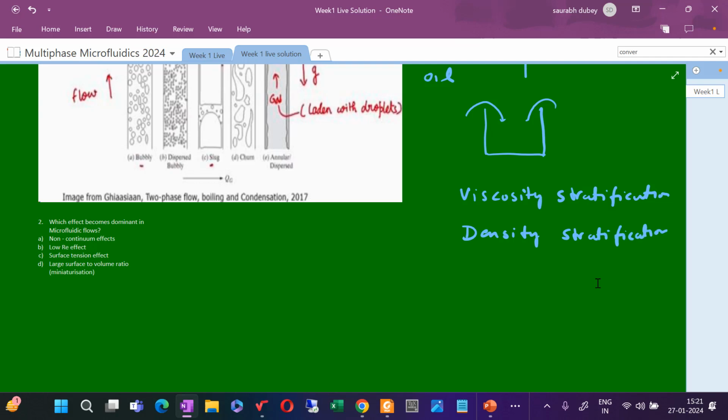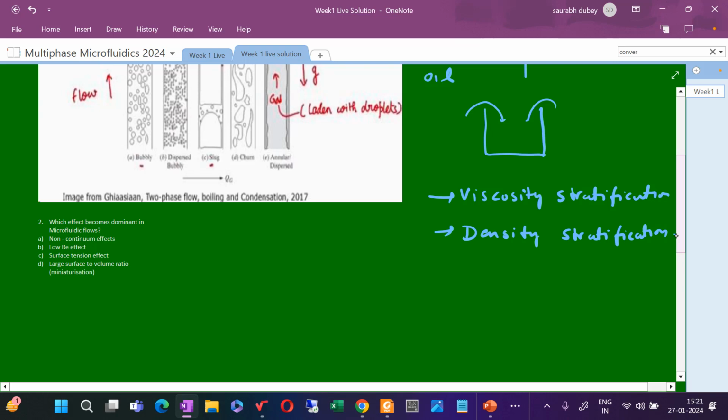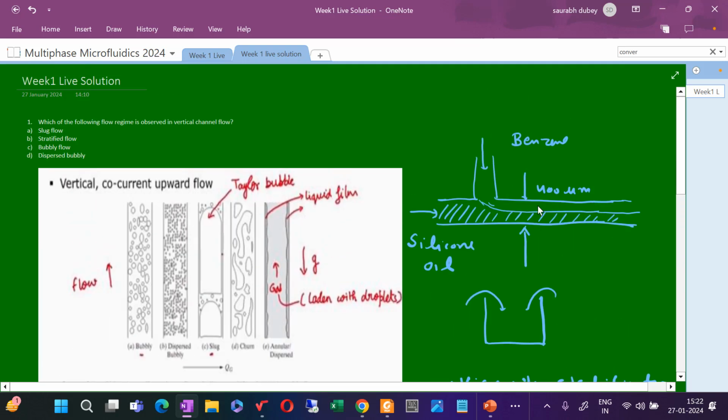For example, in this case, if two fluids are there, then for this particular layer the density will be for the benzene, and for this particular layer the density will be for the silicon. So here the density for this particular regime is stratified, meaning it is not changing, it is the same. Sometimes people explain stratification in different terms.